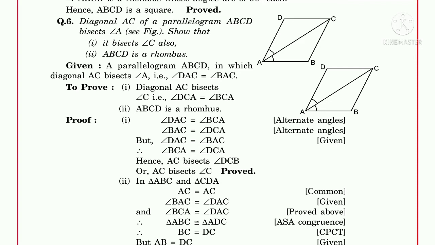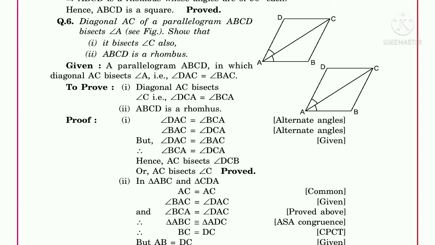For the first proof, consider triangles DAC and BCA. Angle DAC and angle BCA, these two are alternate interior angles, isn't it?